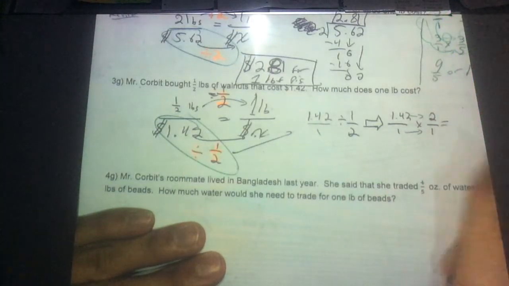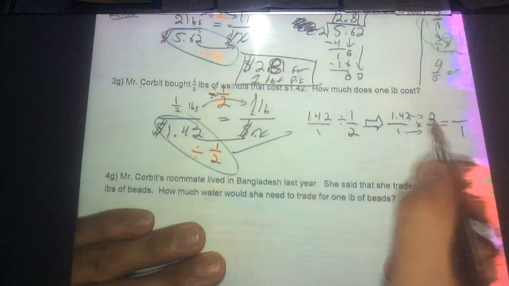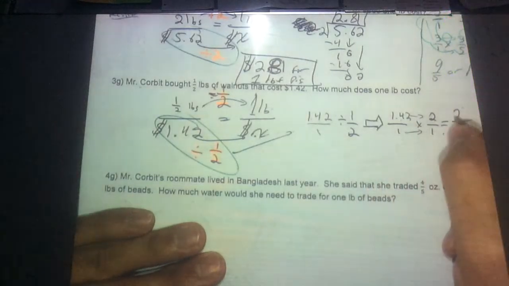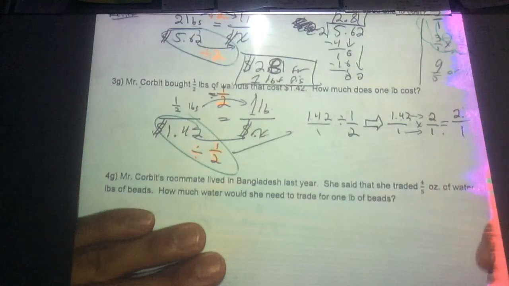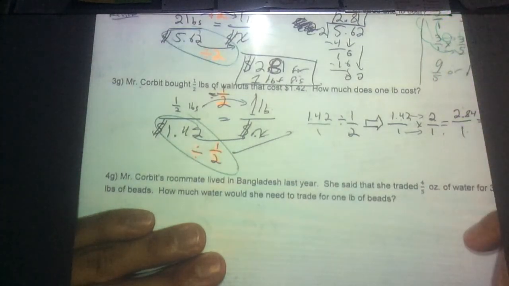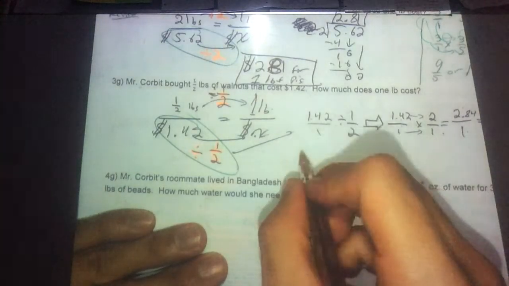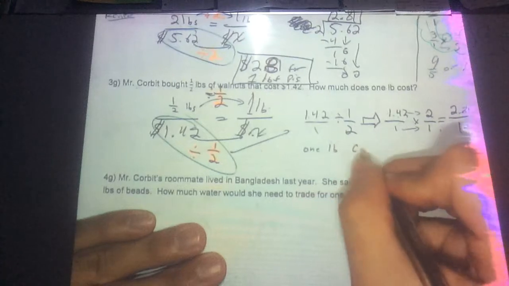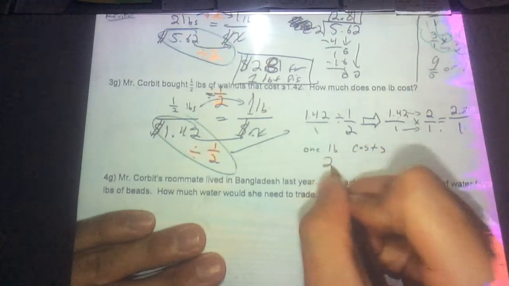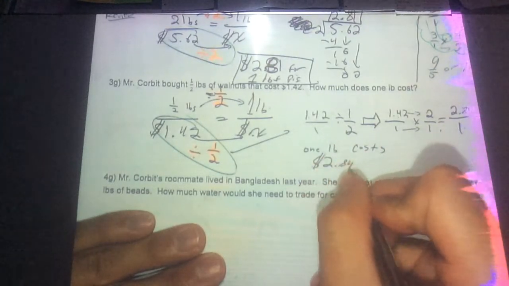So now we just need to multiply straight across. Well, 1 times 1 is 1. 2 times 1.42 is going to be 2.84. So 2.84 over 1 is just 2.84. So 1 pound costs $2.84.